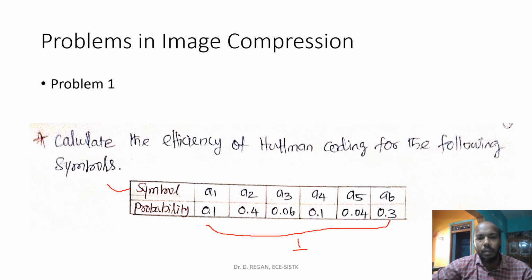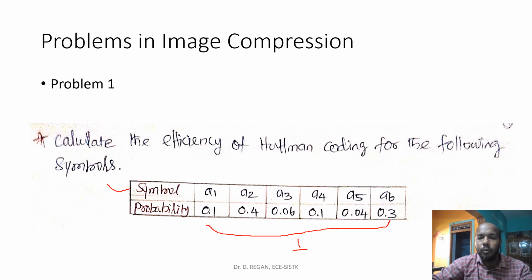For example, they may give an image. An image means we understand that it is basically a matrix. Each pixel may have some light intensity, that is a pixel value. So they will give you one image with its pixel values. From those pixel values, you have to calculate the probability of each pixel, that is, of each gray level value.